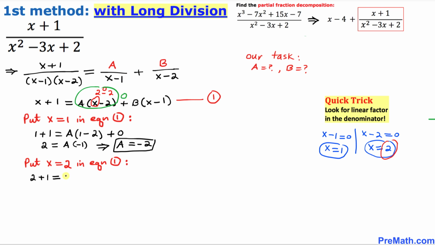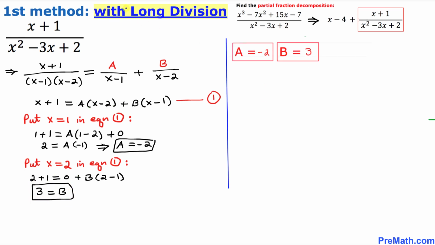So I'm going to write down 0 plus b times 2 minus 1. If we simplify, 3 equals b. All right. So our b value turns out to be 3. Thus our a value turns out to be -2 and b is 3.